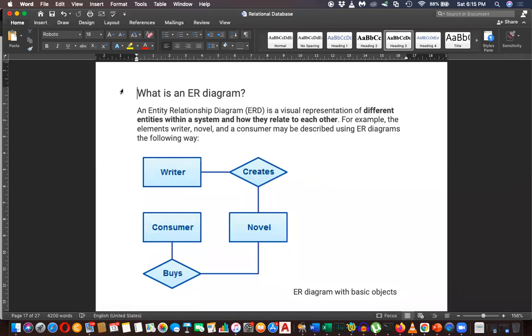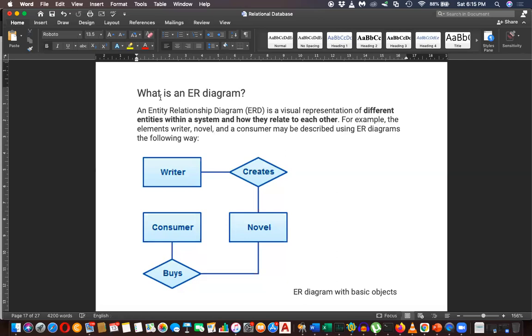Similar to that, before designing a database, it is a very good practice to do the ER diagram part. This was introduced by a person called Chen, right? It is a very useful method in identifying bugs or errors in the early stages of the database. What is an ER diagram? An ER diagram is basically a visual representation of different entities.